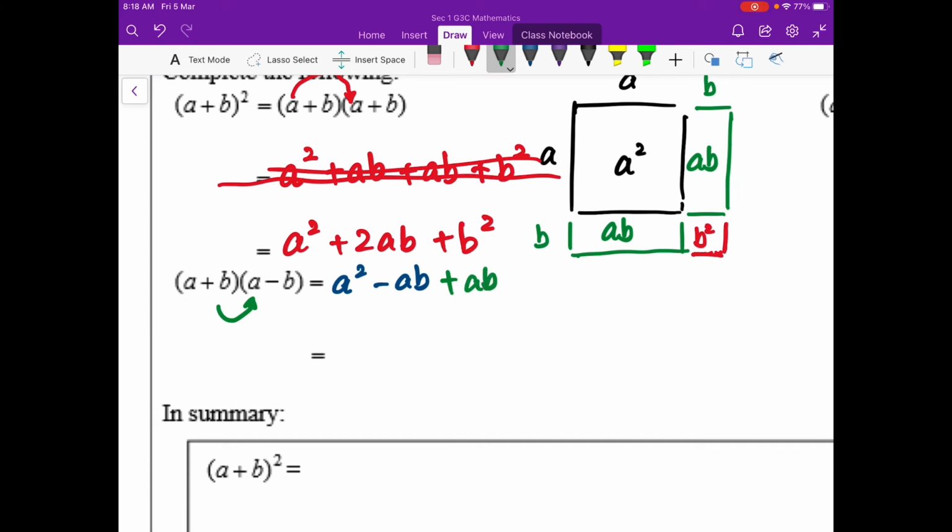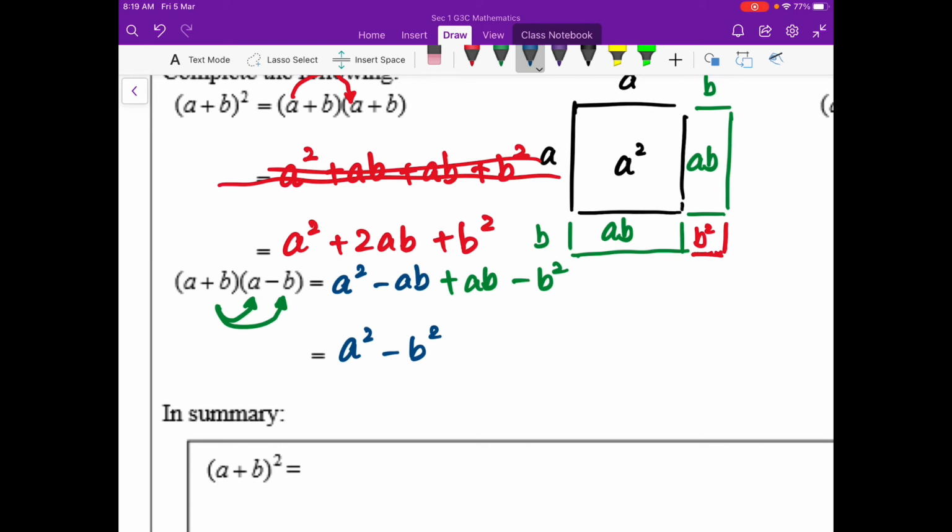What do you notice now? What happened to the negative AB and the positive AB? They cancel, they disappear. Final term, B times negative B, minus B squared. So in summary, this gives us A squared minus B squared.